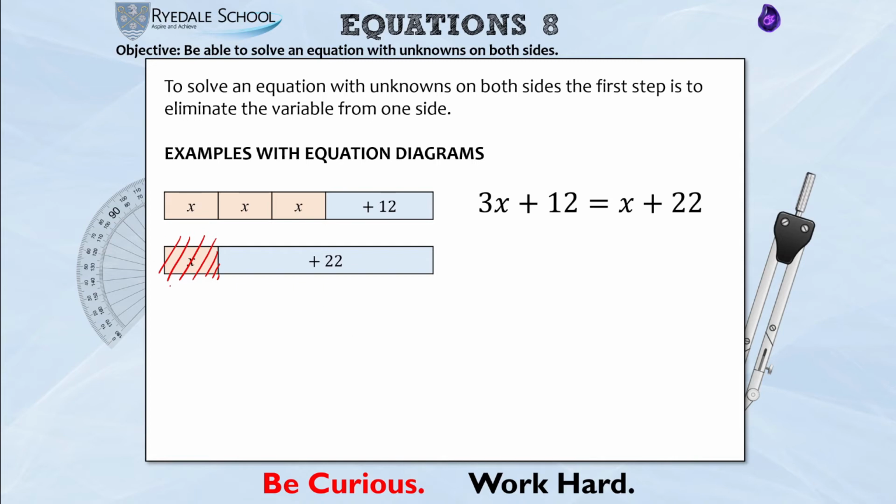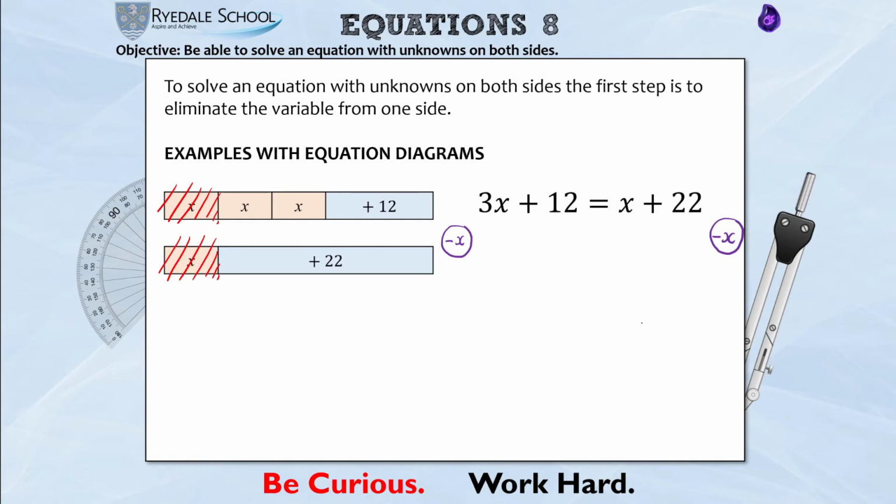Well, if I get rid of an x on this part of my equation, if I want to keep it equal, I need to get rid of one of the x's on the other side. And then these two things are equivalent. So what have I done there? Well, I have subtracted an x from both sides of my equation.